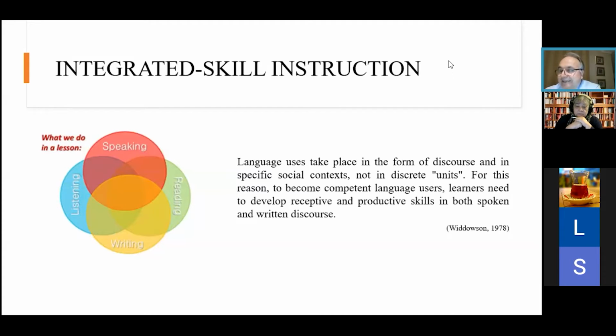I would like to read Harmer's suggestion because it's really important. He has an interesting view about these two terminologies, integrated versus segregated skill instruction. Harmer says that this position is clearly ridiculous for two reasons. Firstly, it is very often true that one skill cannot be performed without another. It is really impossible to speak in a conversation if you do not listen as well.